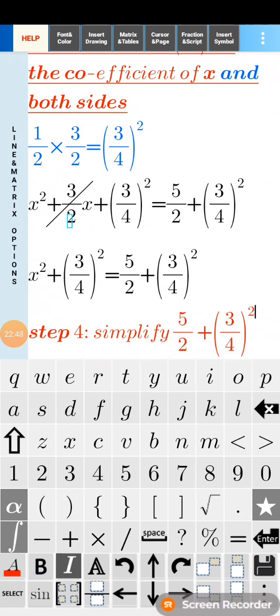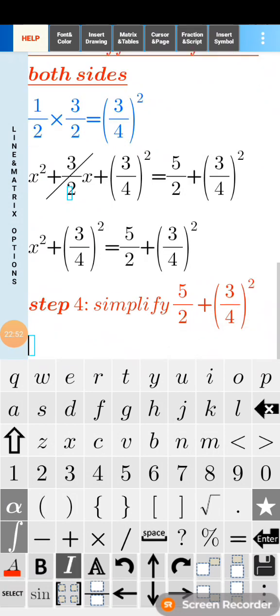So I'll simplify this fraction. So I just have my question, that will be x raised to power 2. This x is power 2 plus open bracket 3 over 4 close bracket square.